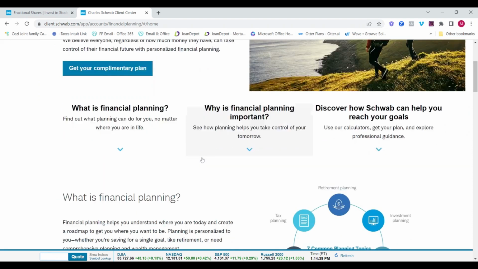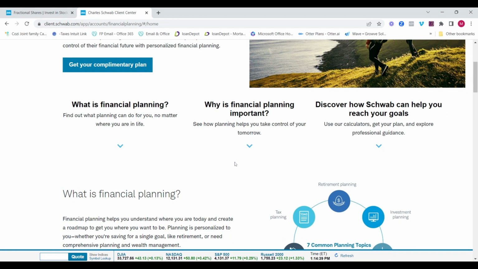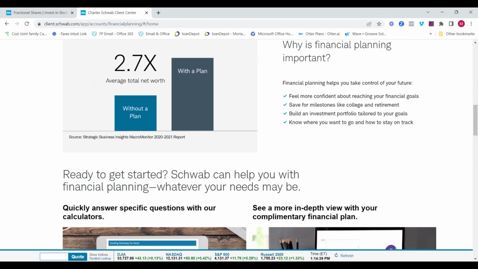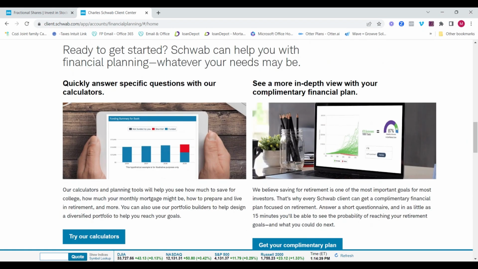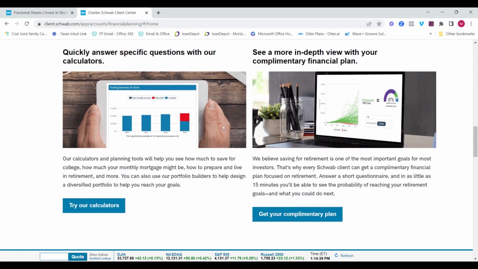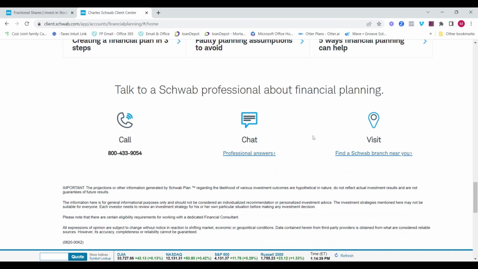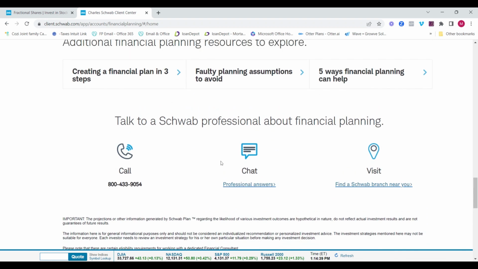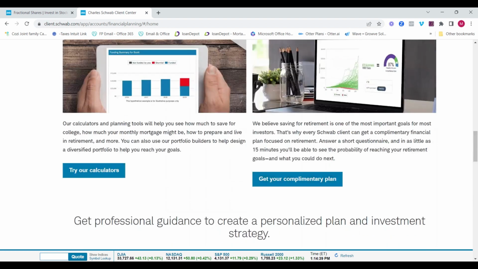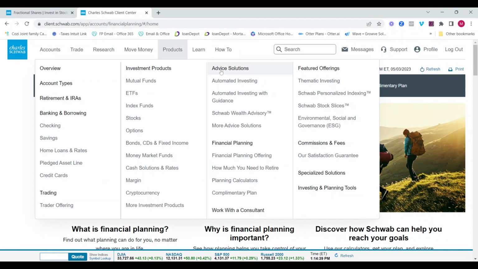And it gives you specific resources like a complimentary plan, okay? And some articles that talk about financial planning as well. It gives you some calculators that you can use. And then if you wanted to learn more about it, obviously you can communicate with someone at Charles Schwab about that.